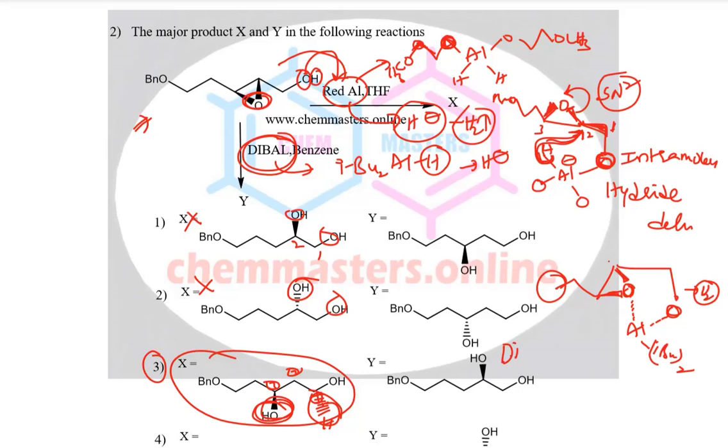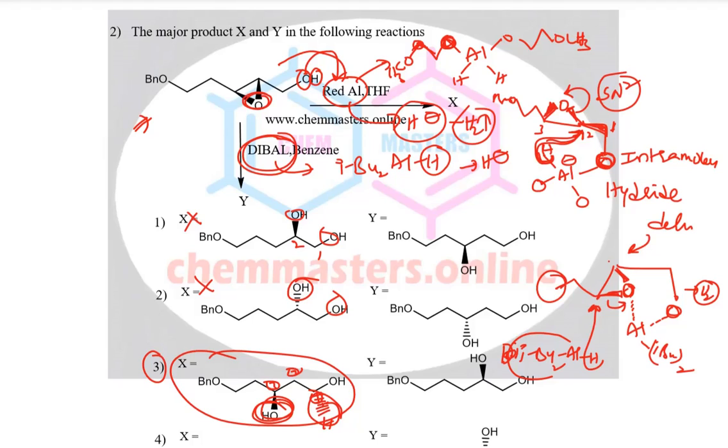Okay, so just write here isobutyl aluminum hydride. So this hydride should attack here to open this epoxide, because this DIBAL cannot attack from this side because of steric repulsions, and the attack should only take place from here to open this epoxide.